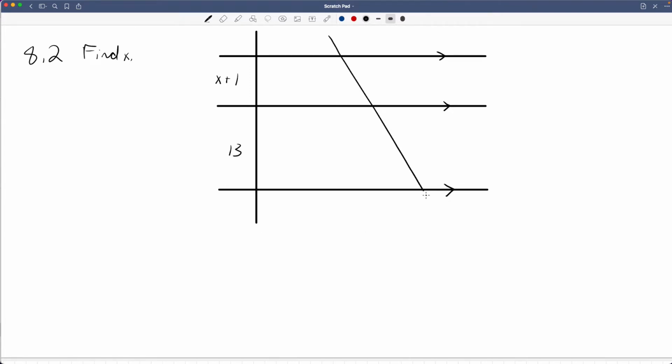Cancel, cancel. 6x equals 33. If I divide 33 by 6, I find that x is equal to 11 over 2 when I reduce by 3. And that is a solution. It's not a satisfying solution, but it is correct.